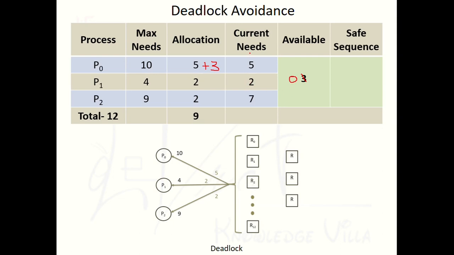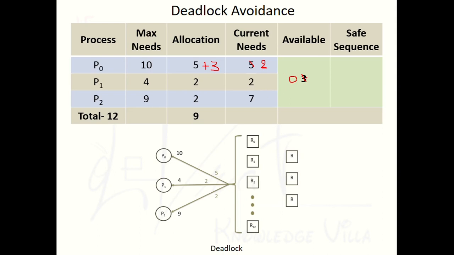The current need was 5, out of which we allocated 3, so the remaining requirement is 2. The maximum need of process P0 is 10, and we have allocated 5 plus 3, total 8, so still 2 resources are required. For process P1, 2 resources are required, and for process P2, 7 resources are still required.